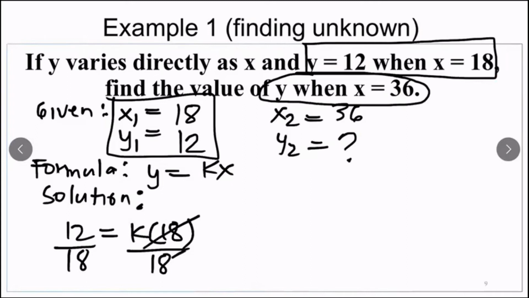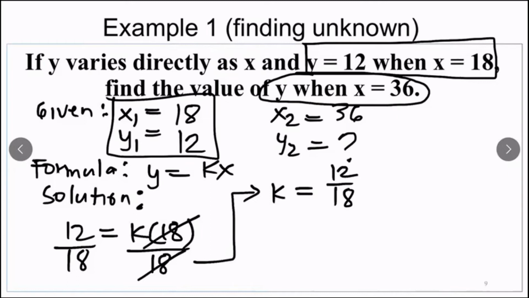So 18 divided by 18, it will become k na lang equals 12 over 18. Kaya nga lang, unfortunately, 12 over 18 is not yet the final answer for k.